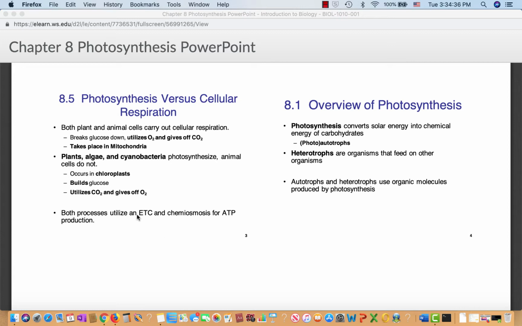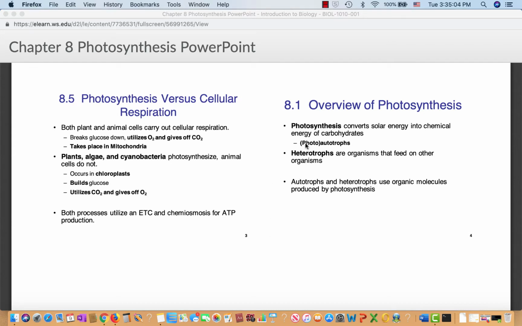Both utilize the electron transport chain and chemiosmosis for ATP production. Photosynthesis converts solar energy into chemical energy. These organisms are called photoautotrophs, and that's where the vast majority of the chemical energy and biomass on the planet comes from, and then other heterotrophic organisms feed on them.